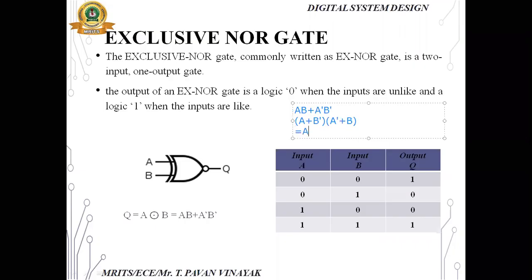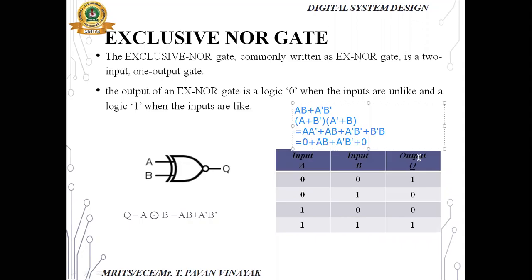Multiply A into A bar, plus AB, plus A bar B bar, plus B bar into B, that is equal to 0 plus AB plus A bar B bar plus 0. So the final answer is AB plus A bar B bar. This is the expression for the exclusive NOR gate.